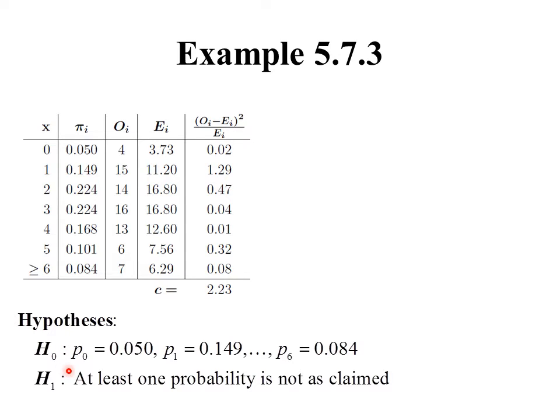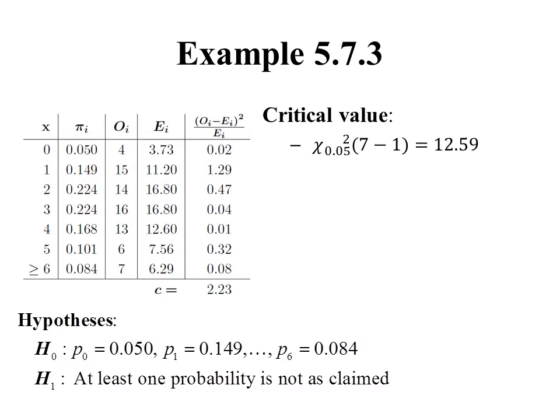So the null hypothesis is really a collection of 7 equalities in this case. And then the alternative hypothesis is that at least one probability is not as claimed. Maybe one is different, maybe all 7 are different, maybe 2 are different, I don't know. But at least one is not as claimed. That's the alternative hypothesis. Okay.